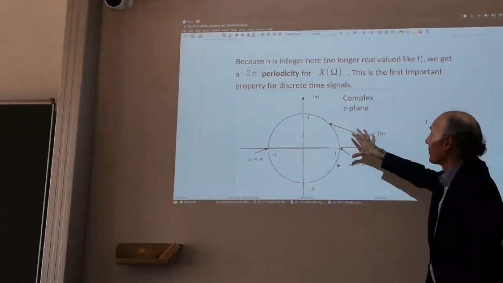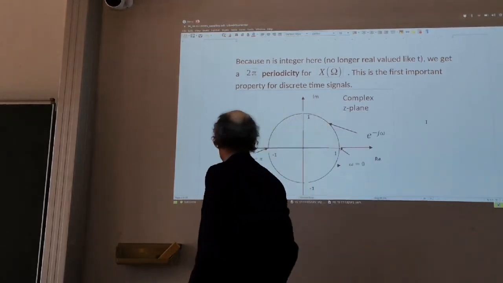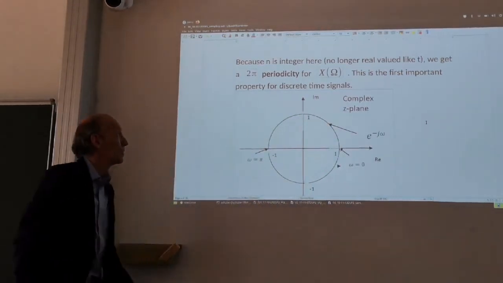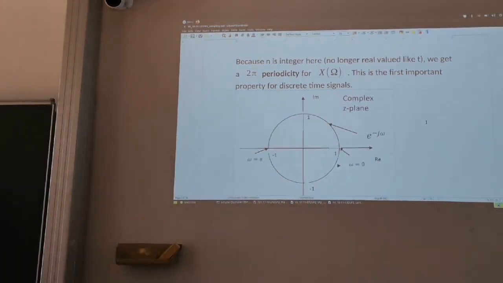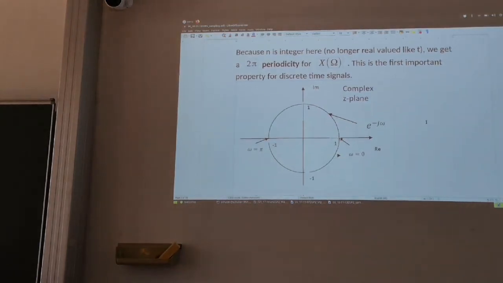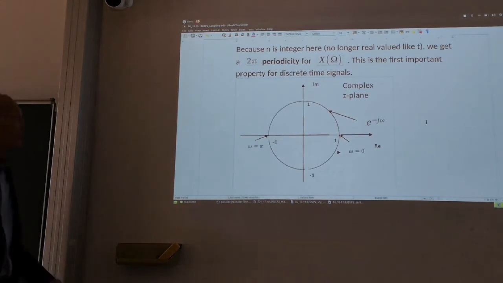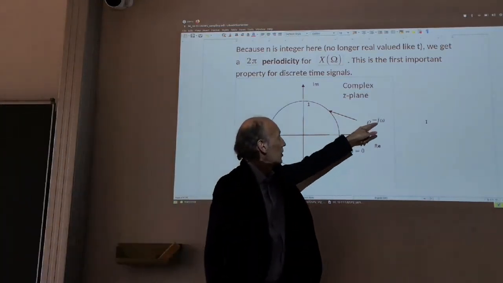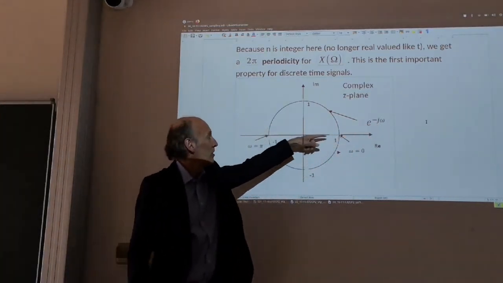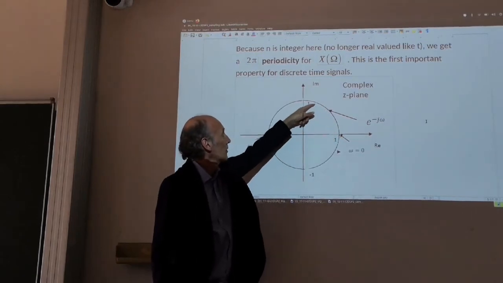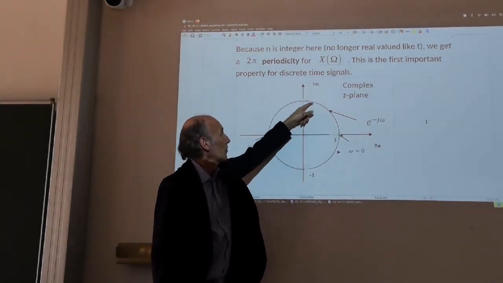So here you have the complex Z-plane. And this is e to the minus j omega from the DTFT, which lies on a circle on this complex plane.